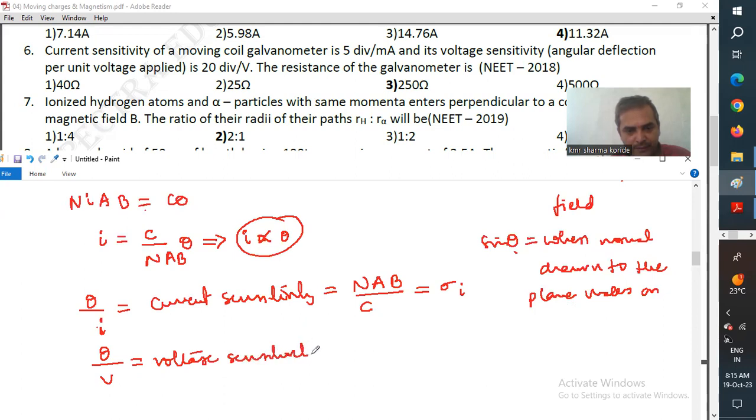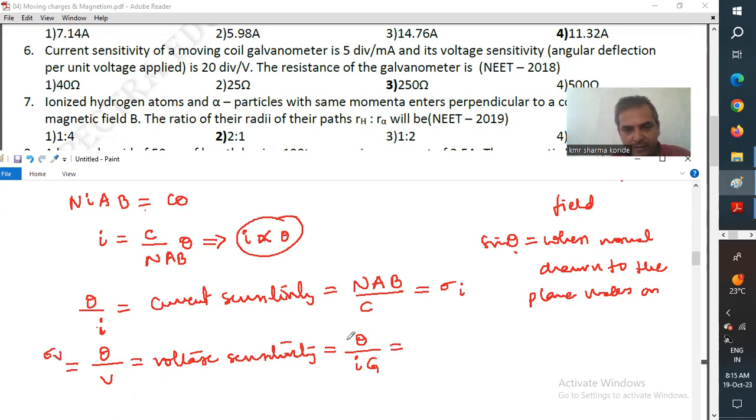Remember the definition from Ohm's law: potential difference V is equal to I times G, where I is the current flowing through the galvanometer with corresponding resistance G. So theta by V, you call this sigma V, which means voltage sensitivity.